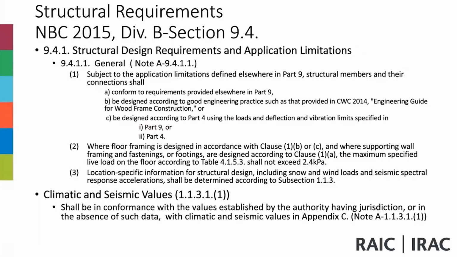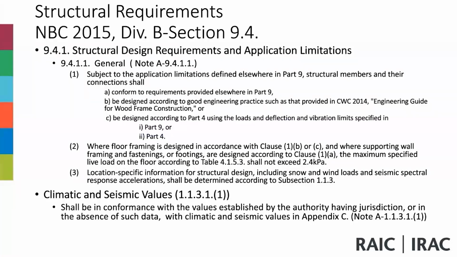With floor assemblies and roof components, where floor framing is designed in accordance with clause 1B or C. So whether you're designing to CWC 2014, which is the Canadian Wood Council Engineering Guide for Wood Frame Construction, or you're designing to 1B or 1C, and where supporting wall framing and fastenings or footings are designed in accordance with clause 1A, the maximum specified live load on the floor according to Table 4.1.5.3 shall not exceed 2.4 kilopascals.